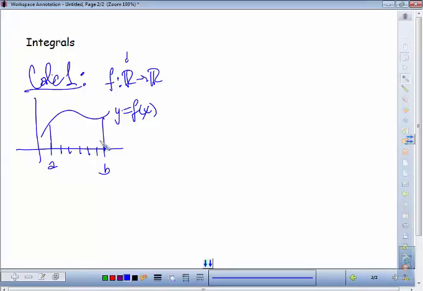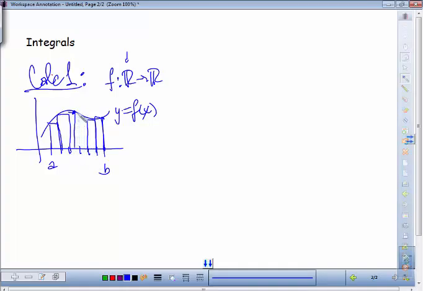And then from here we created the best shape that we knew how to find the area of, the rectangle. And so we created rectangles, and we either used the left endpoint to create our rectangles, or we used the right endpoint, or we use the midpoint.